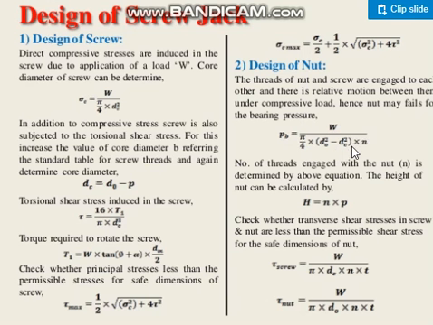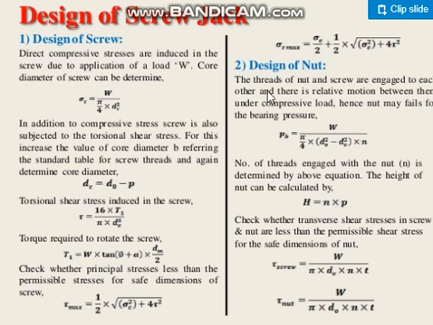The screw is long, but the nut has only a few threads. Once we decide this N, you will be able to determine how high the nut should be, because if you multiply N by the pitch, you will get the height.